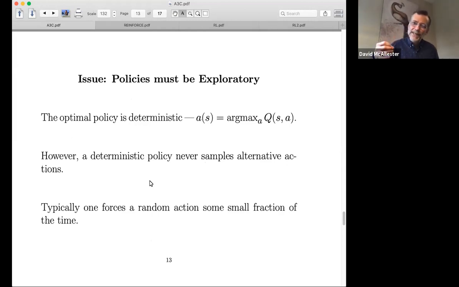But in practice, the optimal policy is often deterministic. There's often one action that gives the best expected reward. So you've got this tension between wanting exploration and having the optimal policy actually be deterministic. In practice, what people do is they force a random action some fraction of the time to get exploration.